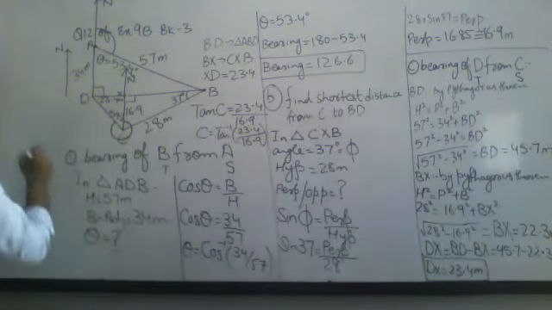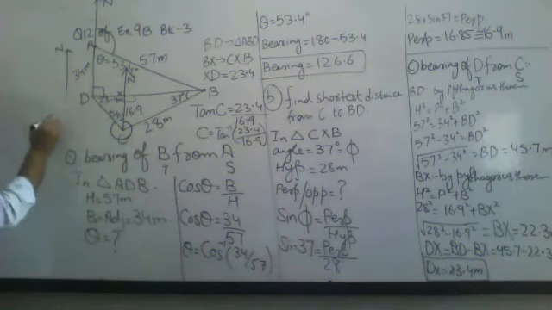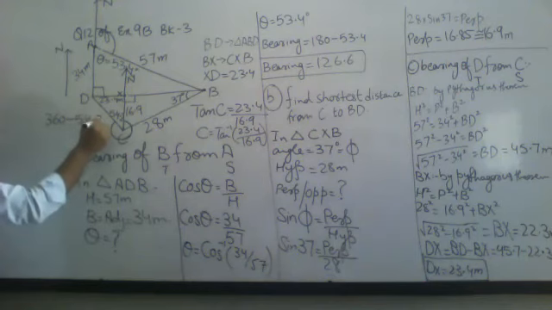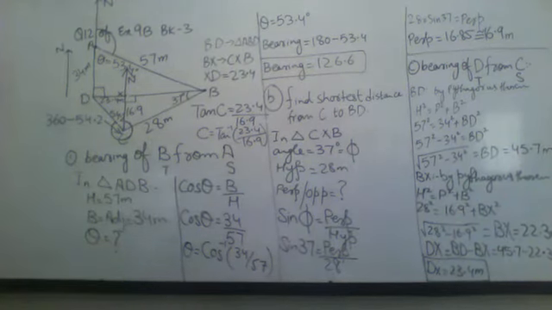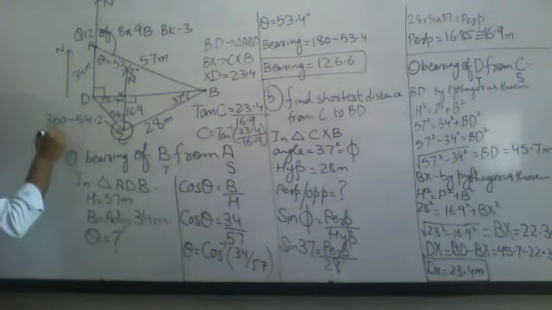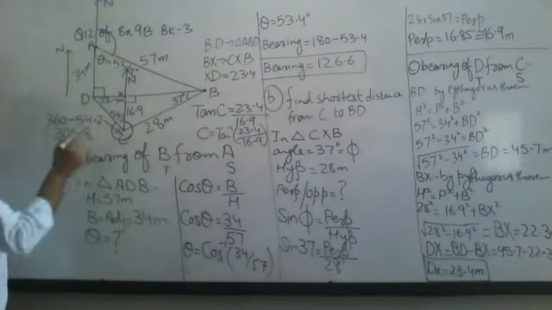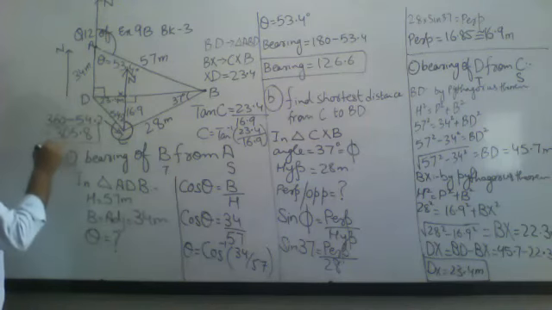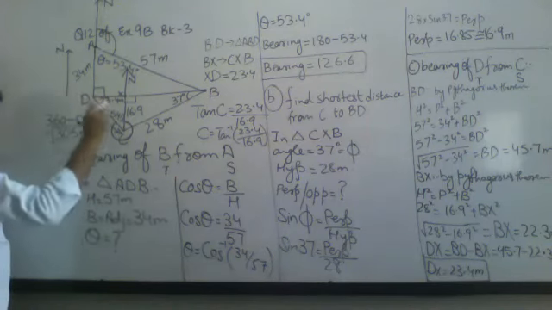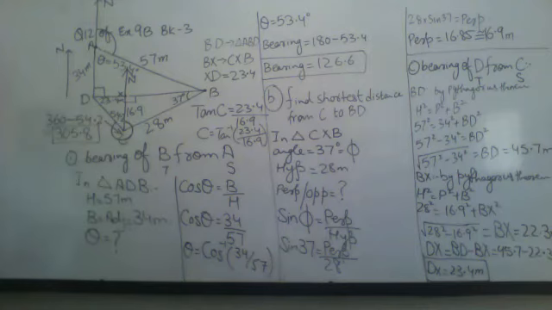I'm solving it over here. 360 minus 54.2 will give me this part. Simplified, the answer is going to be 305.8, and that's the bearing of D from C. I have written it over here.